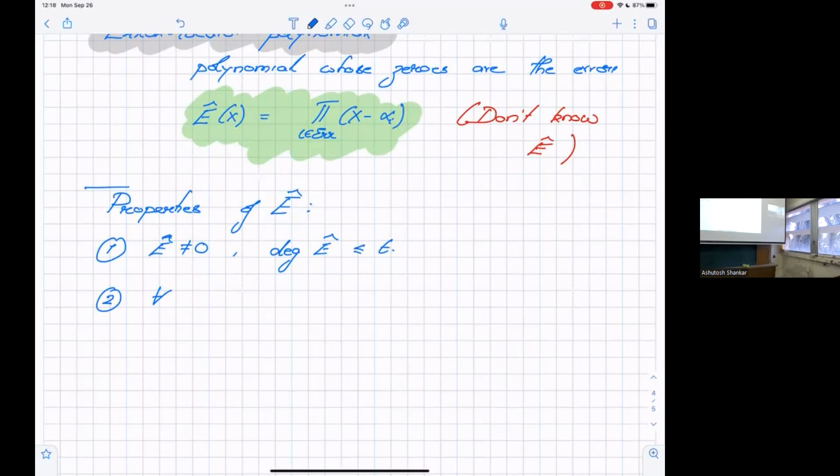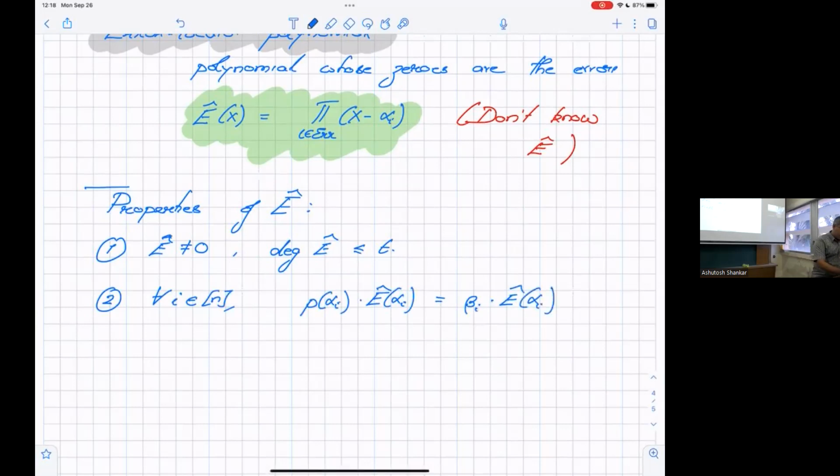So if I multiply by E hat(alpha_i), it becomes an equality: P(alpha_i) times E hat(alpha_i) equals beta_i times E hat(alpha_i).